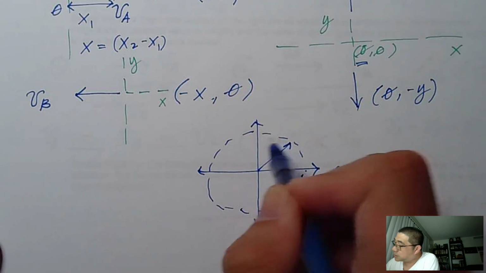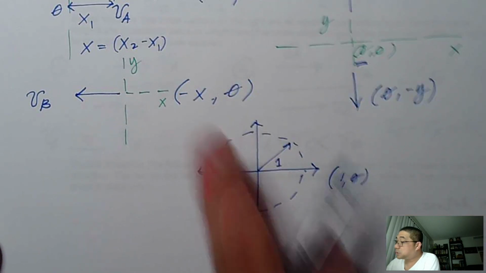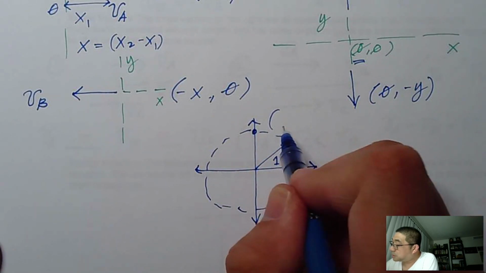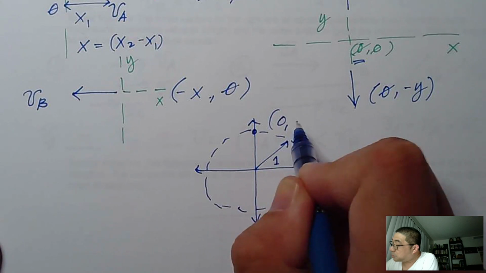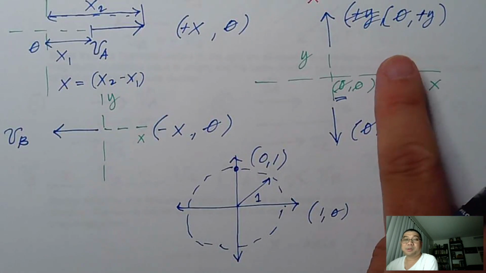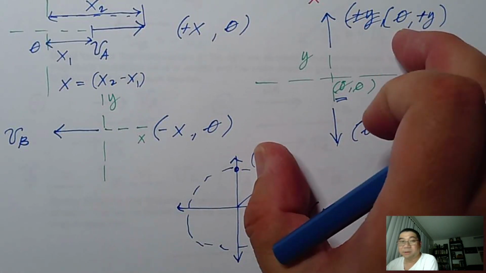How about when it stands all the way to 90 degrees? This will give you a point that is 0 and positive 1 right here.